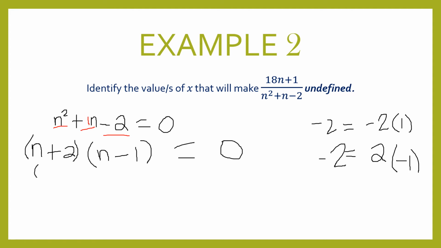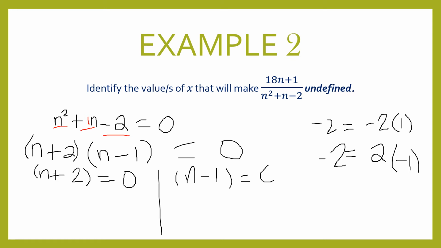Now, let us equate each factor to 0. So, the first factor is n plus 2. Equate daw natin siya sa 0. Ganon din sa second factor na n minus 1. I-equate din natin siya kay 0. So, n minus 1 equal 0. Pwede natin tanggalin yung parentheses.